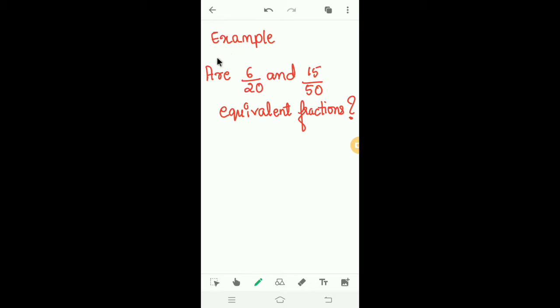Let's solve an example. Are 6 by 20 and 15 by 50 equivalent fractions?